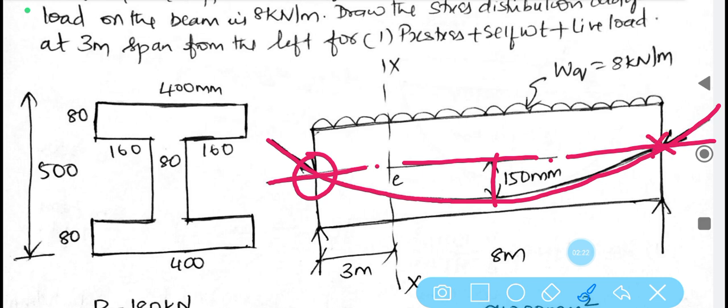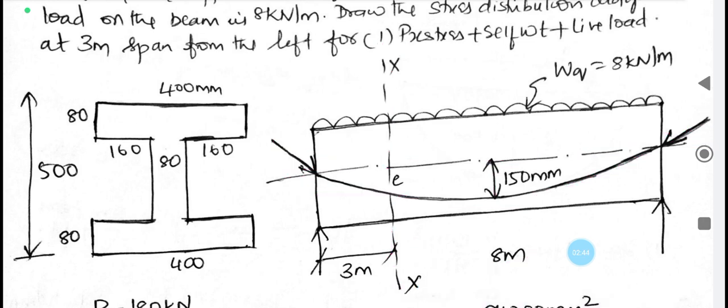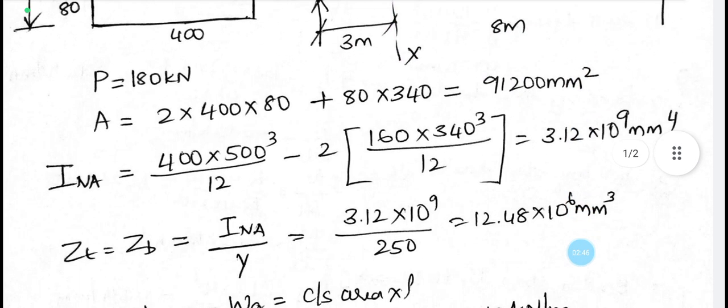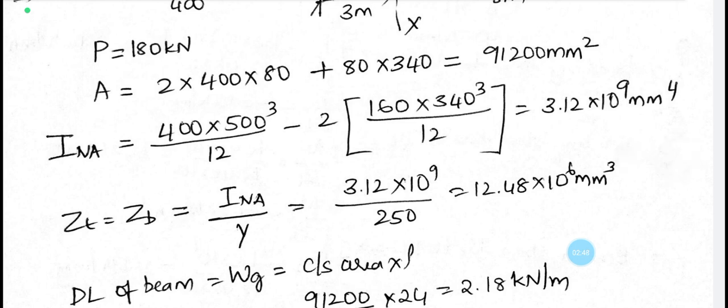So at this junction the eccentricity is 0, and also it is given that the stress distribution plot has to be made at a distance of 3 meter from the left support. Therefore, a section has been considered here for the distance of 3 meter. The length of the beam is 8 meter. Once this sketch is drawn clearly, the rest of the calculations can be made easily.